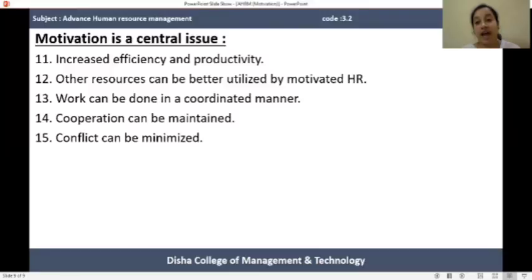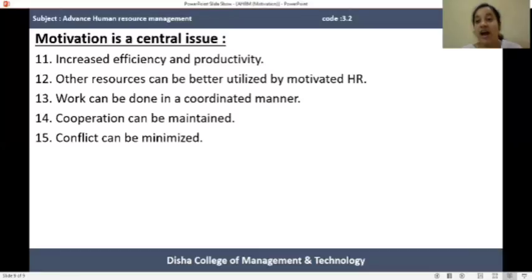Because if they have motivated human resource, then only is it possible for them to face any challenges, because the human resource is the only resource that helps them achieve the objective. So if they want to use their human resource in the most effective and efficient way, and if they want to use the talents of human resource, they have to motivate human resource to a large extent.